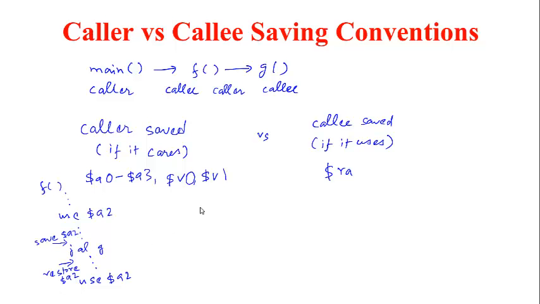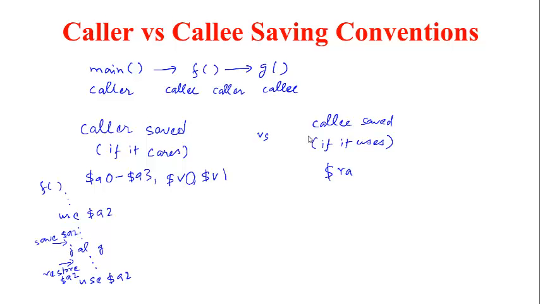So in a caller saved situation, the responsibility of saving and restoring is upon the caller. In other words, the callee can use those registers freely without having the responsibility of saving and restoring. On the other hand, in callee saved registers, the caller can assume that whatever value that register had at the point of calling will be restored by the callee before returning from the callee.